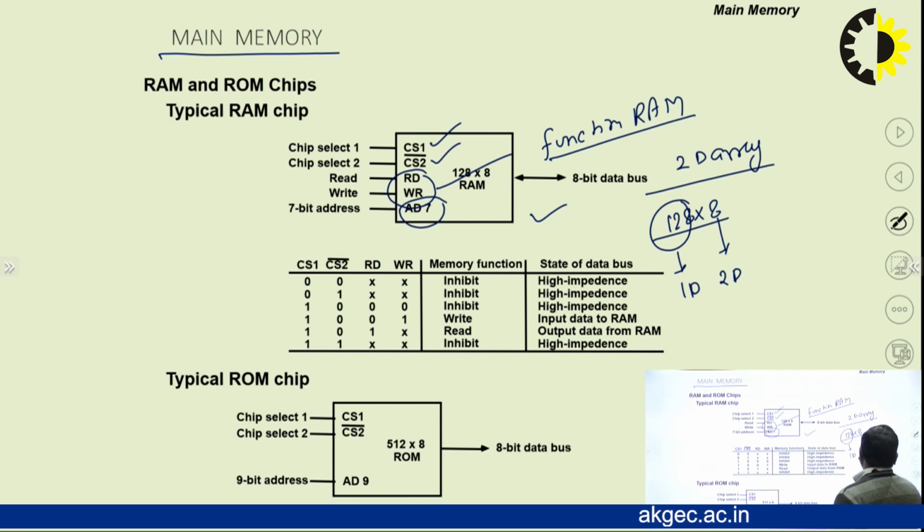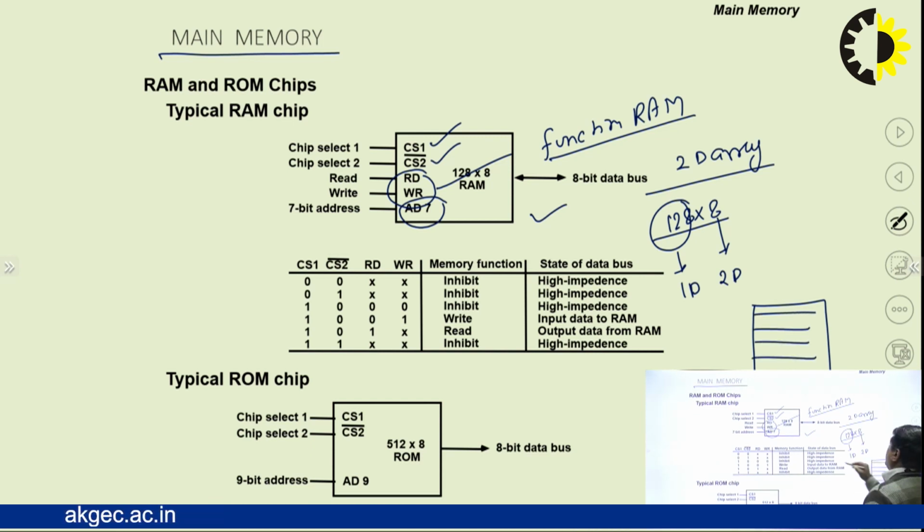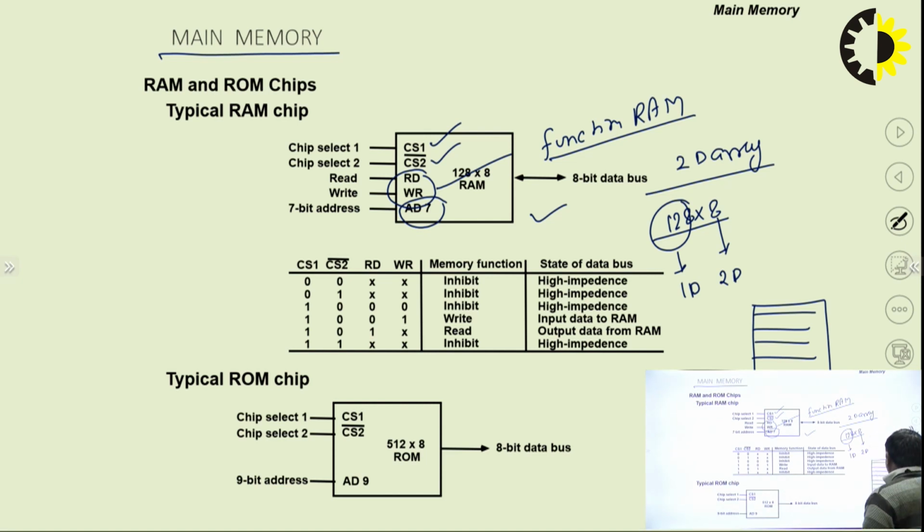It means in this memory 128 blocks are available, and in each block 8-bit data is stored. That is the meaning of 128 cross 8.